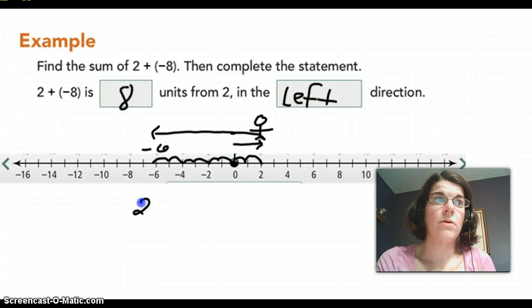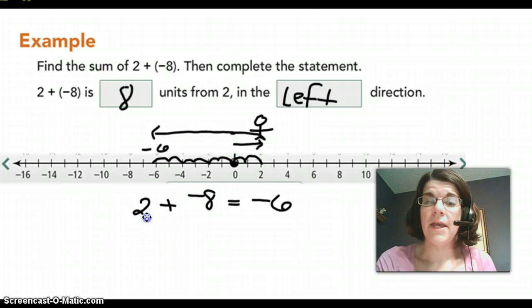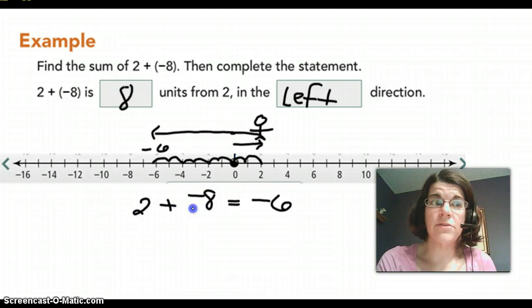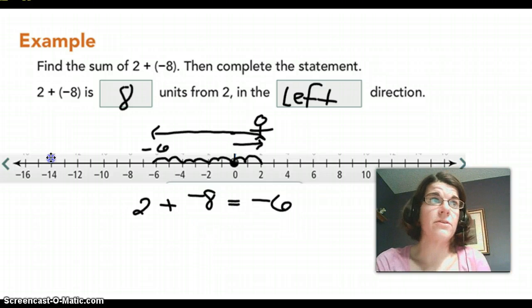And 2 plus negative 8 equals negative 6. If you want to talk in terms of money, if you had $2 in your pocket and you owed your friend $8, you couldn't pay back your debt, you would still owe your friend $6.